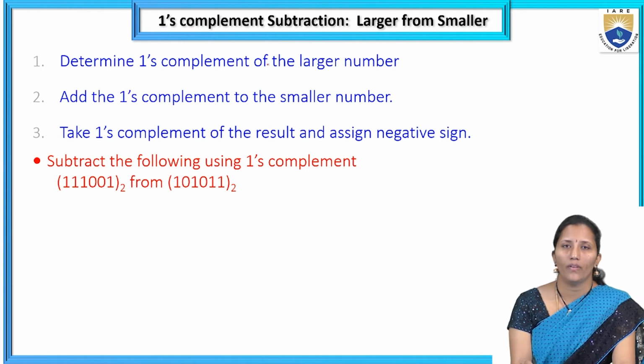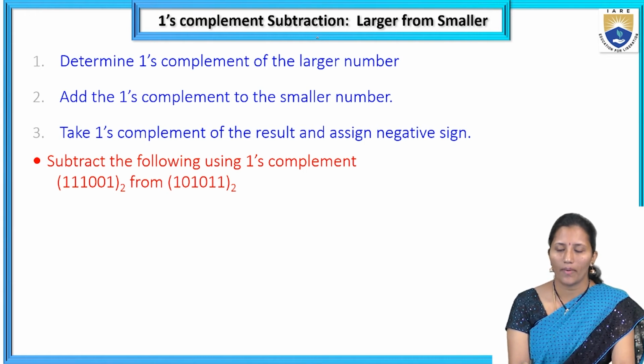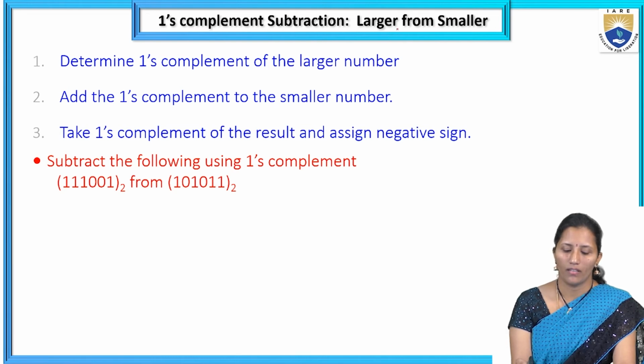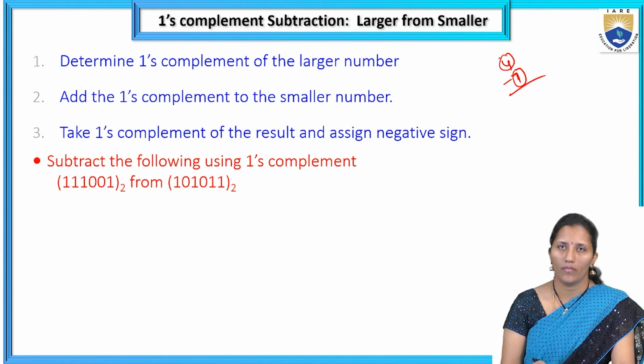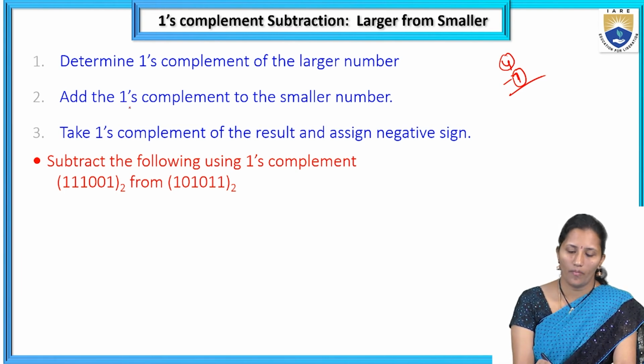So here we are going to discuss the ones complement subtraction of a larger number from the smaller. That is 4 minus 7. We are subtracting a larger number from the smaller number. In this, the procedure is the same, only the last step will be changed. Determine ones complement of the larger number.